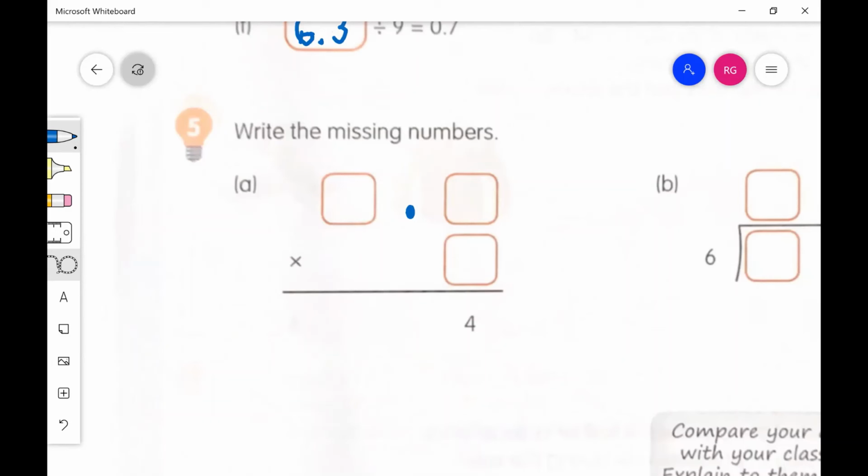Anyone have a guess here or an idea? 4.0 times 1. Ooh, that's a good one, actually. I like that. That's clever. Yeah, you could do 4.0 times 1. That would work. That's thinking outside the box for sure. I would accept that answer for sure.